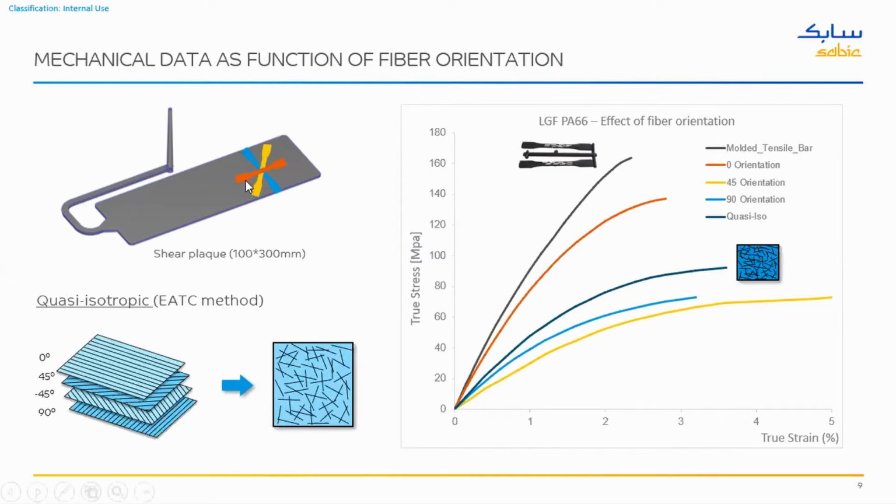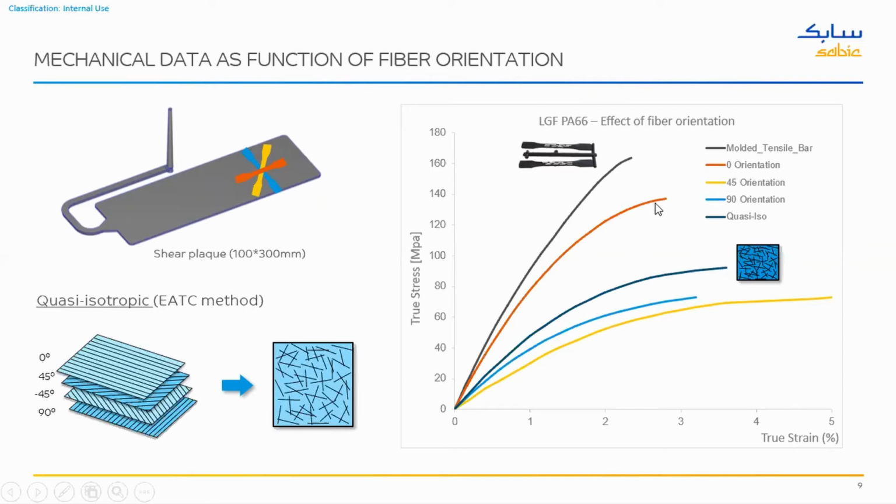Then from that part we cut the specimens in different orientations, 0, 45 and 90, and by that we are able to capture the change in the material property as a function of fiber orientation in different locations in the part. That's what you see here in the graph.